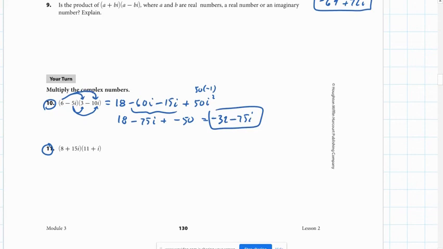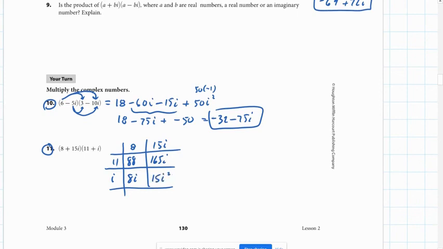Problem 11, I'll do using the box method. 8 plus 15i times 11 plus i. Here we get 88. 11 times 15 is 165i. 8i and 15i squared.